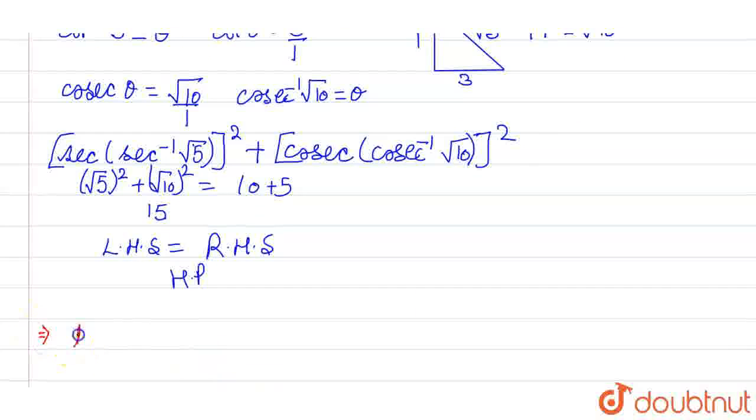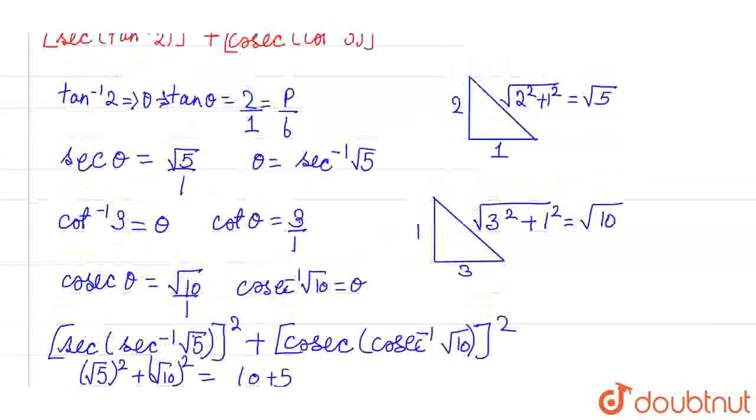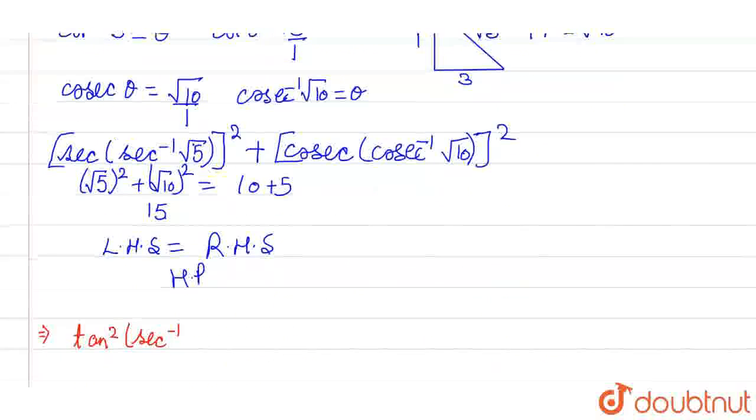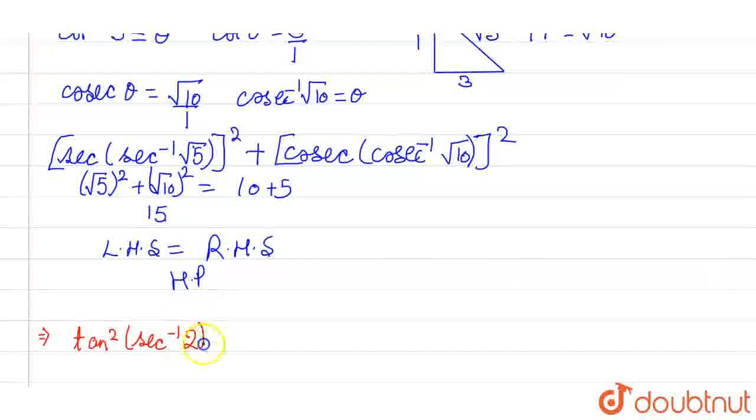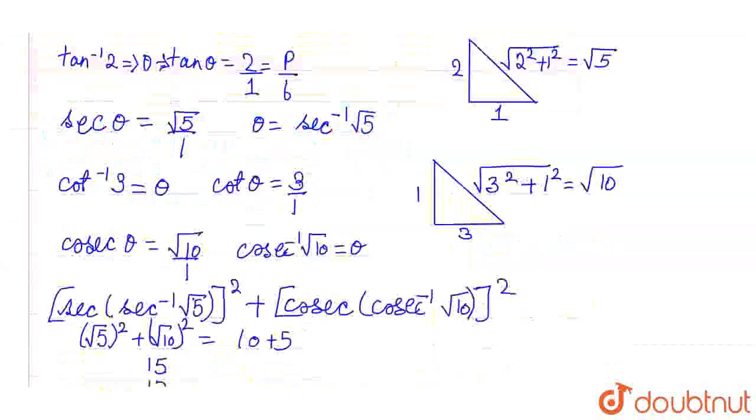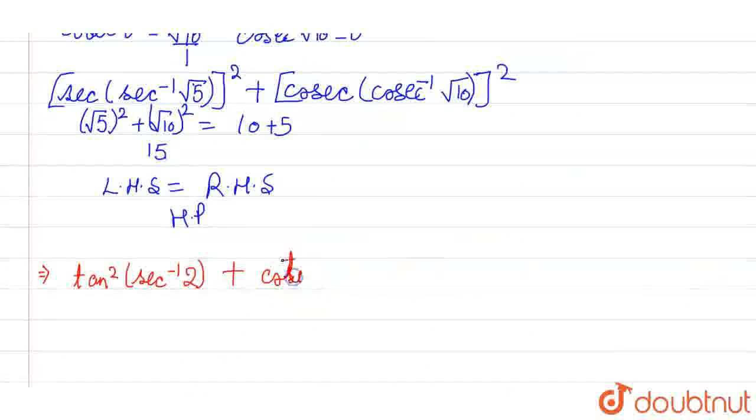Now, the second part says tan square sec inverse 2 plus cot square cosec inverse 3 is equal to 11.